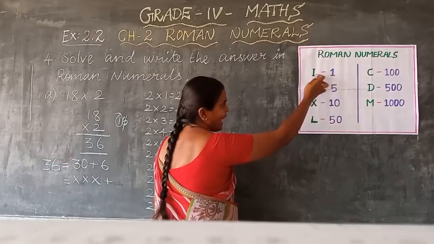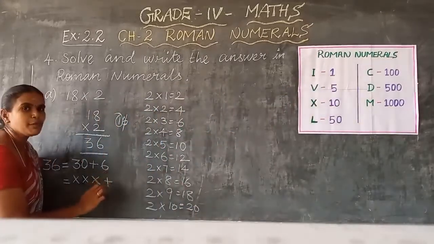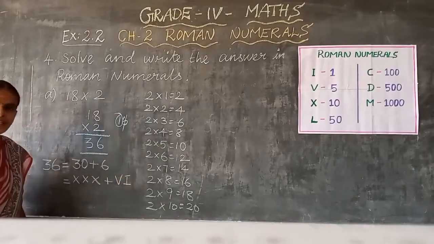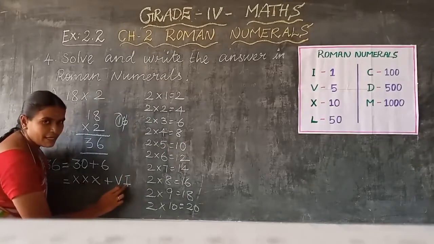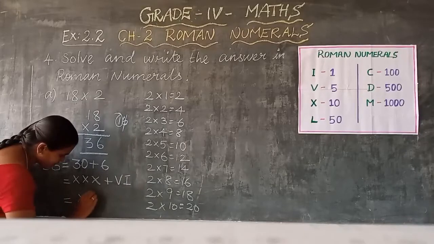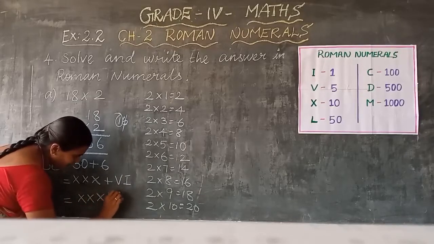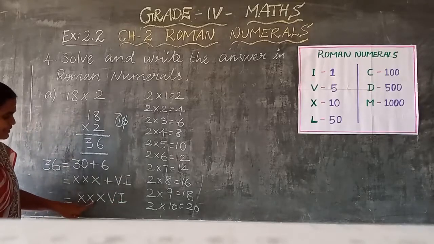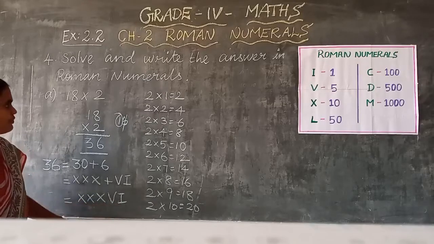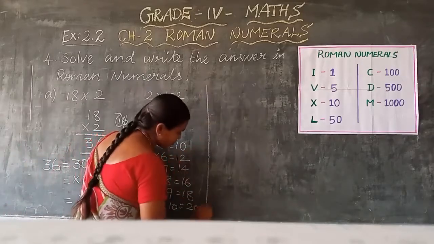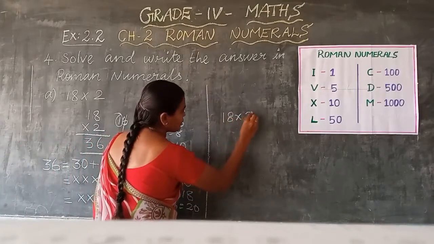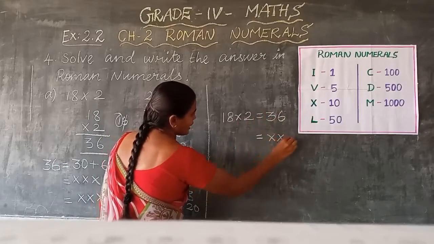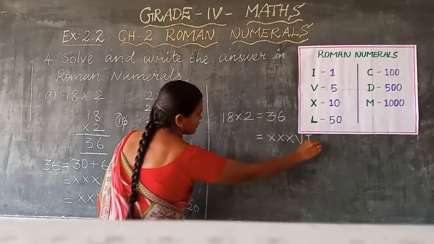V. 1 means I. So 6 means 5 plus 1, so V I. Now X, X, X, V I. So 36 is equal to X, X, X, V I. So the final answer: 18 multiplied by 2 equal to 36. What is the Roman number for 36? X, X, X, V I.